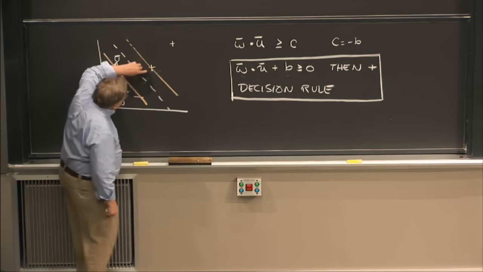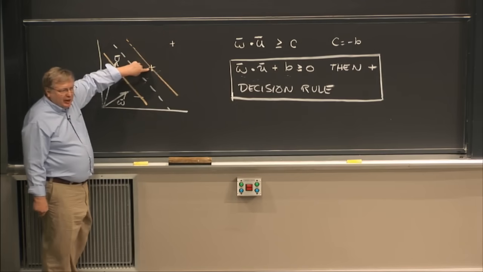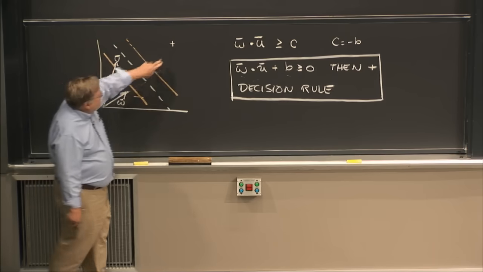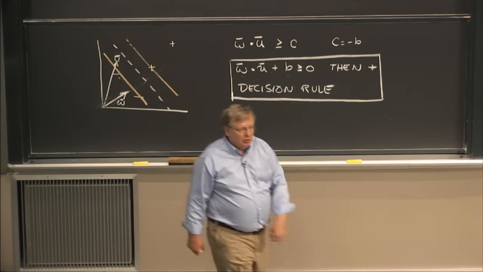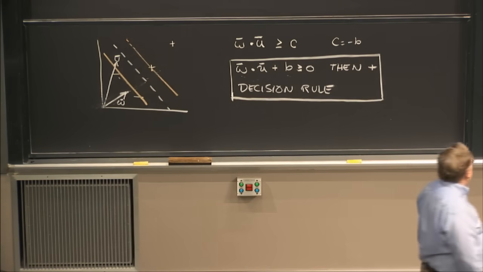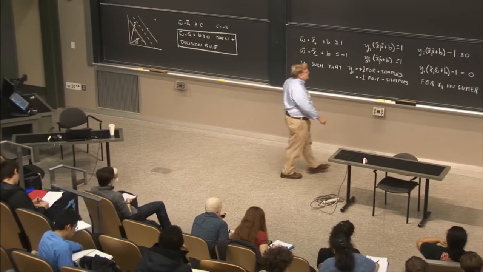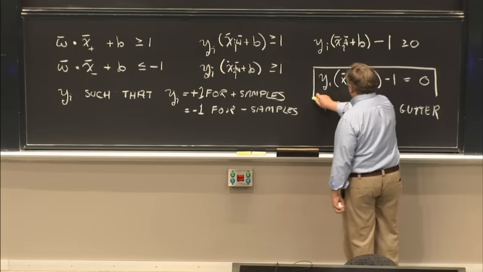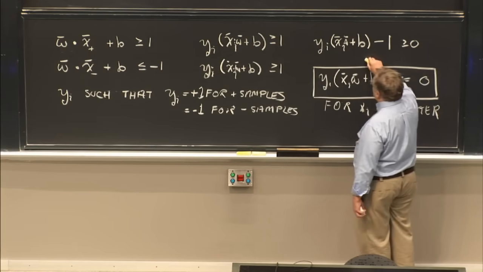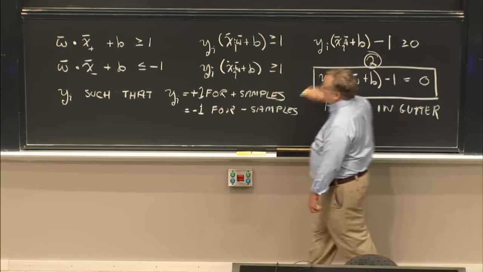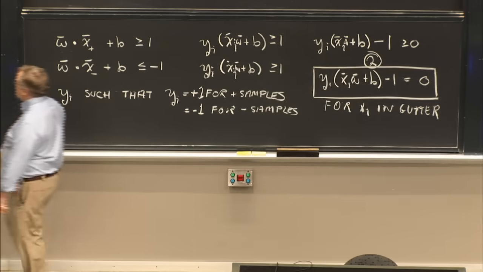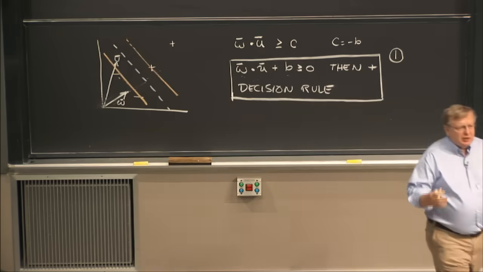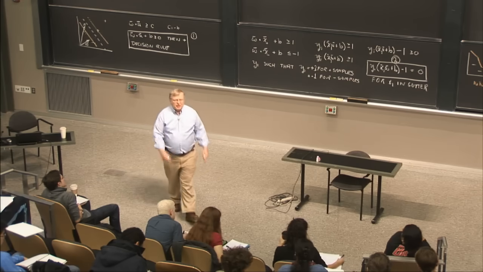So the value of that expression is going to be exactly 0 for this sample, this sample and this sample, not 0 for that sample. It's going to be greater than 1. All right? So that's step number 2, and this is step number 1. Okay, so now we've just got some expressions that talk about some constraints.